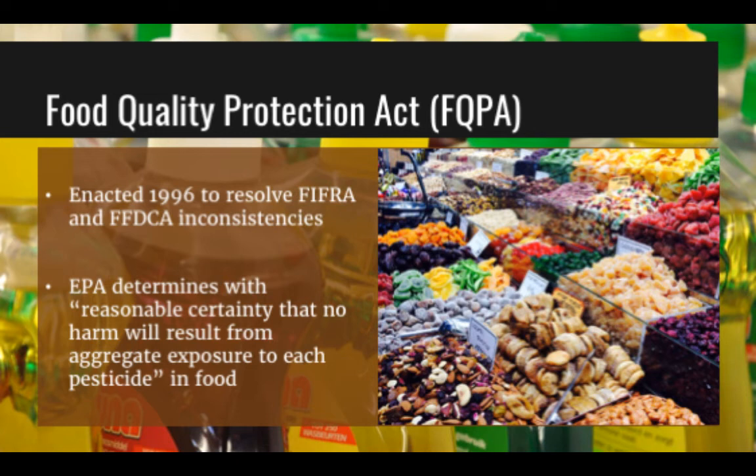For all pesticide residues in food, the EPA has to determine with reasonable certainty that no harm will result from aggregate exposure to each pesticide from dietary and other sources. Risks to children and infants, as well as endocrine disruption potential, must be addressed. A reassessment process has also been set up for existing tolerances.